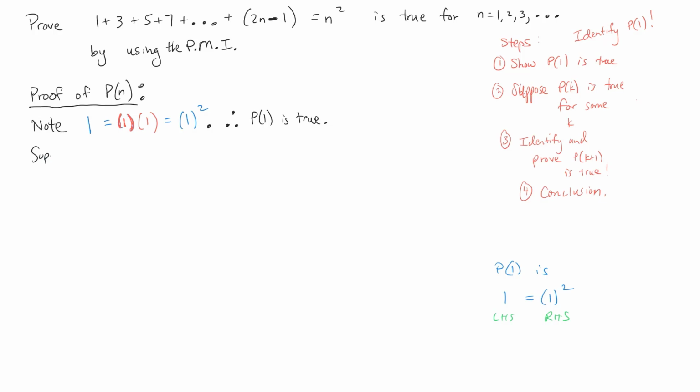Suppose P of k is true. Let me erase this now. So we need to write the sentence P of k. The reason why we use the letter k is so that you don't confuse yourself with n.